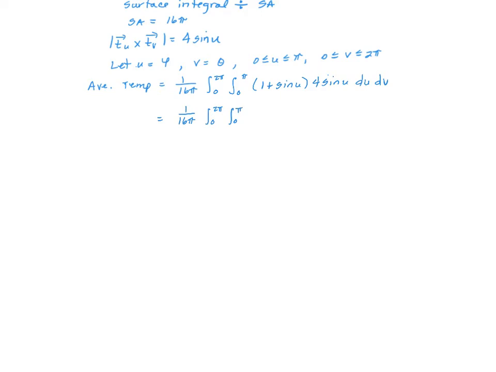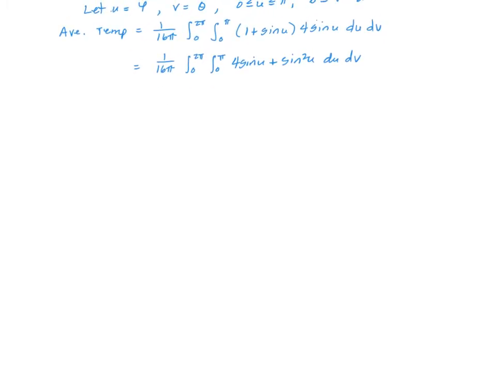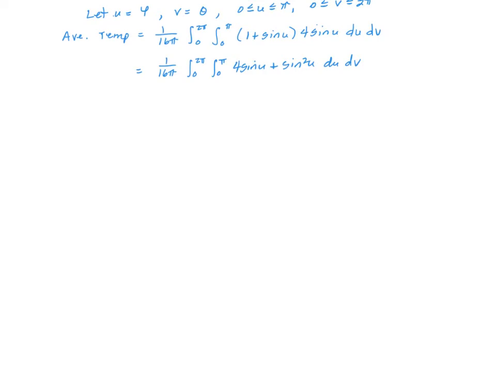And write this as 4 sine u plus sine squared u du dv. So the sine squared u, actually it's 4, sorry, 4 sine squared u.